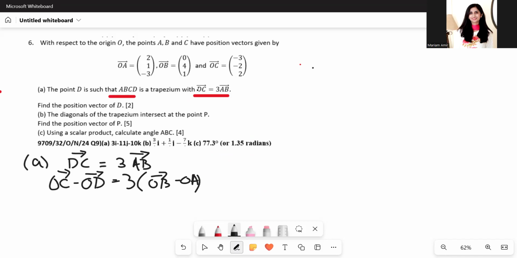So OC is already known: 3, minus 2, 2. Minus OD is what we're trying to find. So just keep it as OD equals 3 times (OB minus OA).